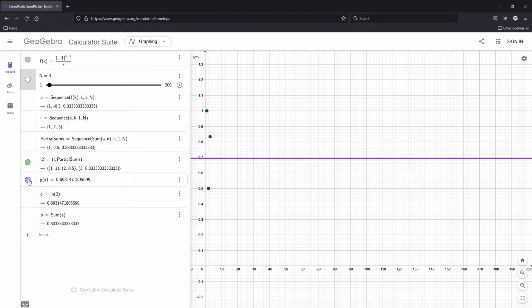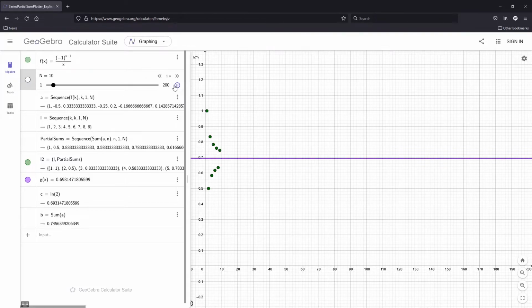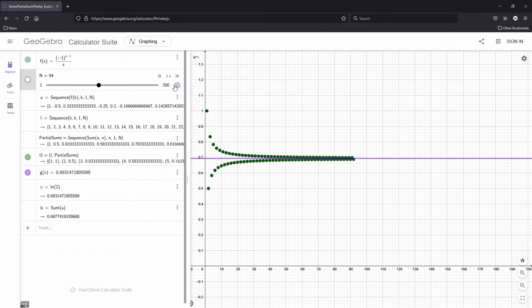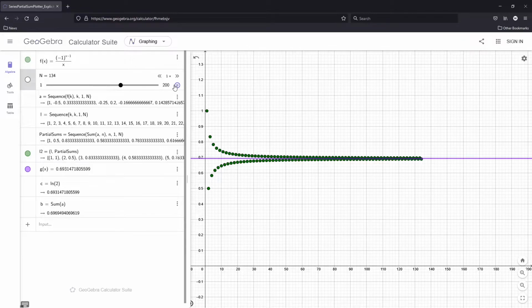Remember, this purple line right here is natural log of 2. If we look at what this sequence of partial sums is doing, it's getting closer and closer to this line, natural log of 2. So this is why the infinite series converges, just from a graphical perspective. It's not a direct mathematical proof, but I think it should be good enough justification for now to show what I'm talking about.